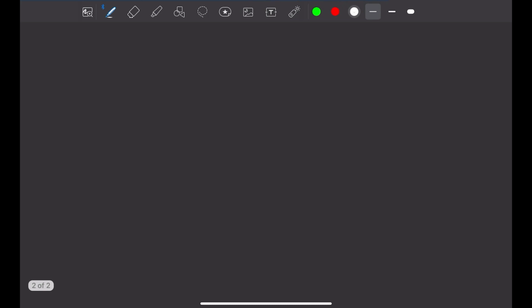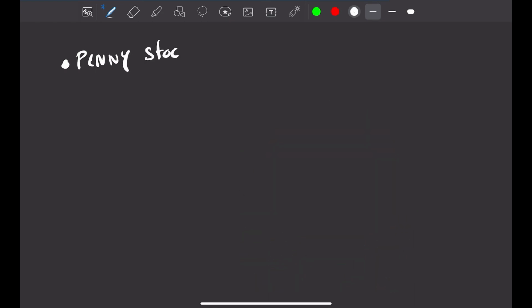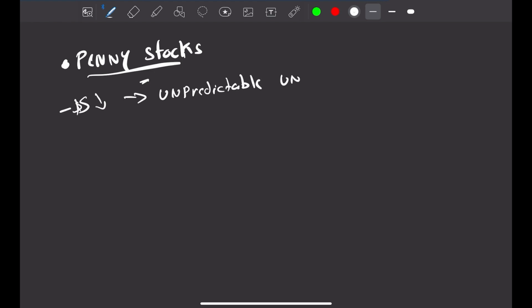After that we have penny stocks. These are your run-of-the-mill stocks. Penny stocks are stocks usually listed at $5 or less in value, and they're unpredictable, unreliable, and most of the time 100% speculation.